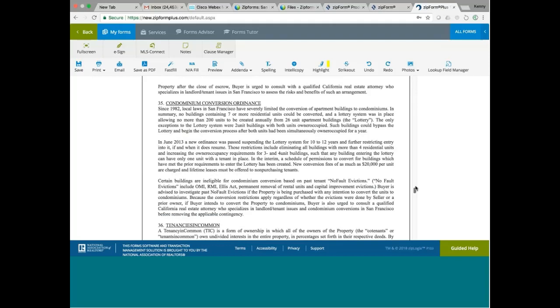The law says once your apartment complex has successfully converted into a condominium project, there is no longer any rent control. You can get rid of the tenant, but you must get rid of the tenant within 1 year. If you don't get rid of the tenant within 1 year, you might be putting yourself into trouble.